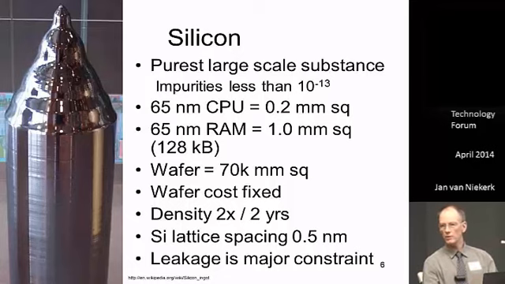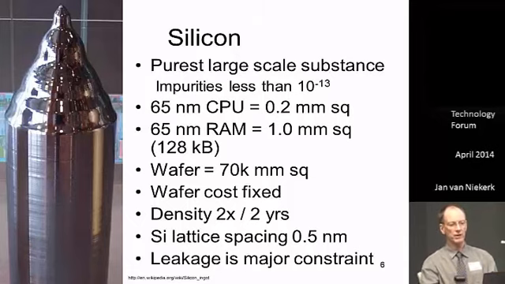A 32-bit CPU has the fascinating area of about 0.2 square millimeter. And to give you an idea, 128 kilobyte RAM is 1 square millimeter. So when you buy this, keep that in mind. What are you paying for?